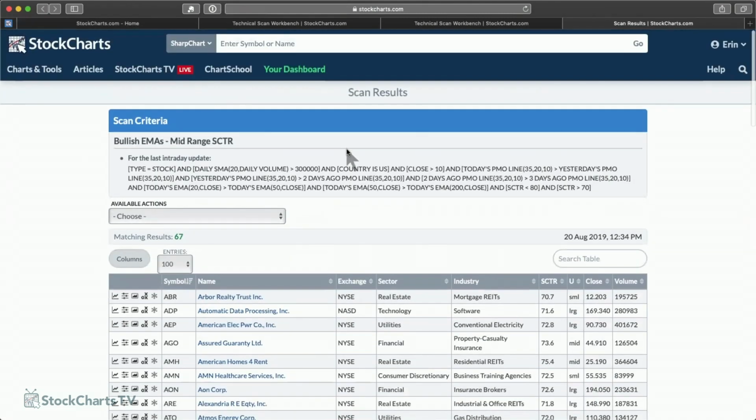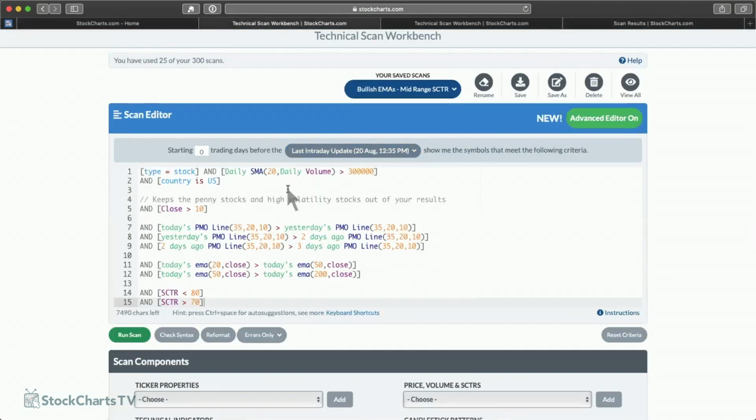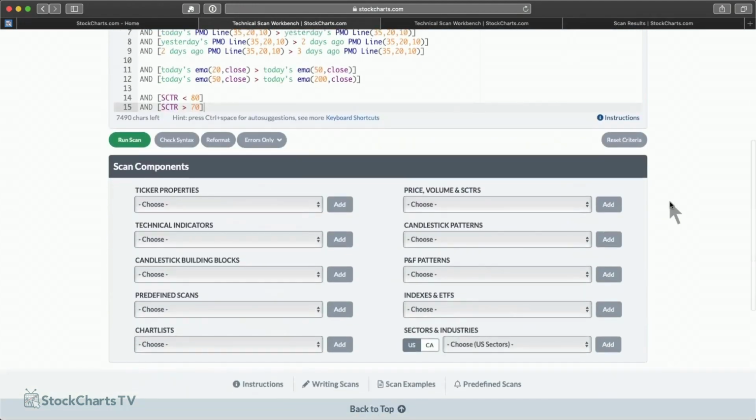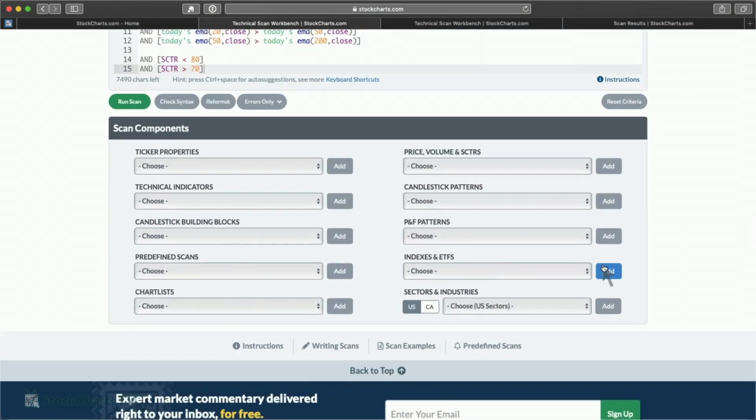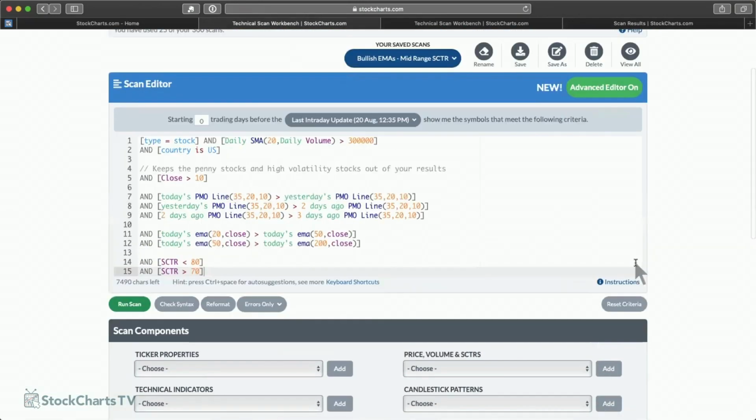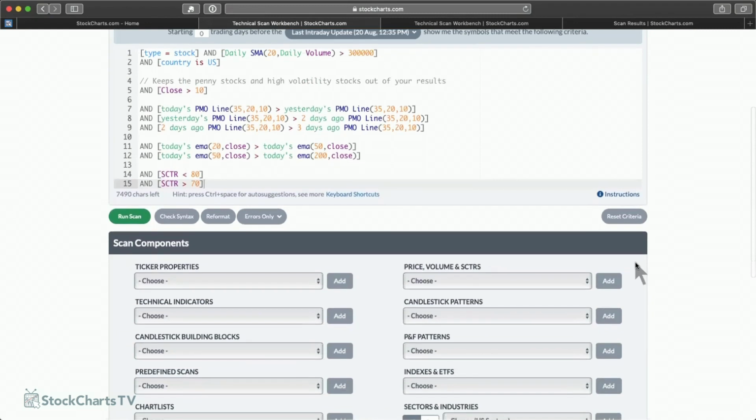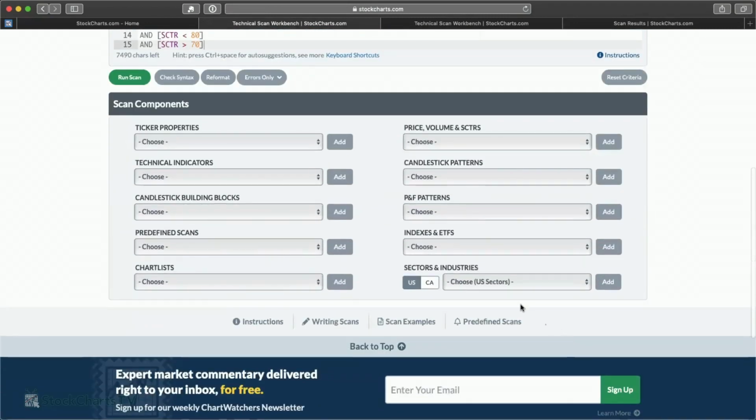So this is one way to do that, and that would be filtering it based on a sector or sectors. After seeing those particular candle glances, I was interested in the defensive sectors in general.